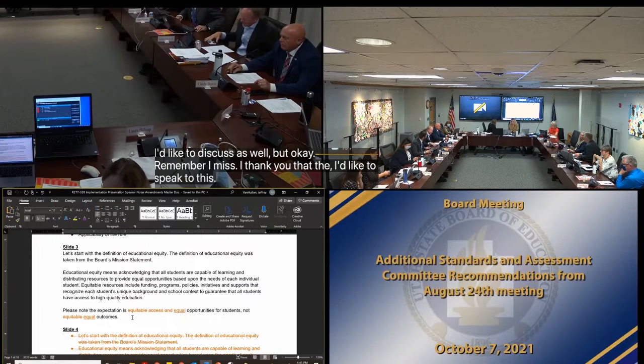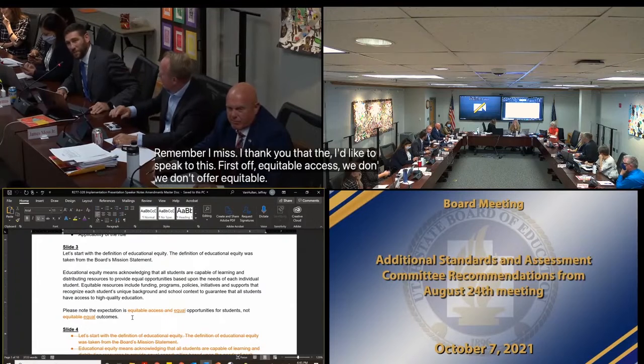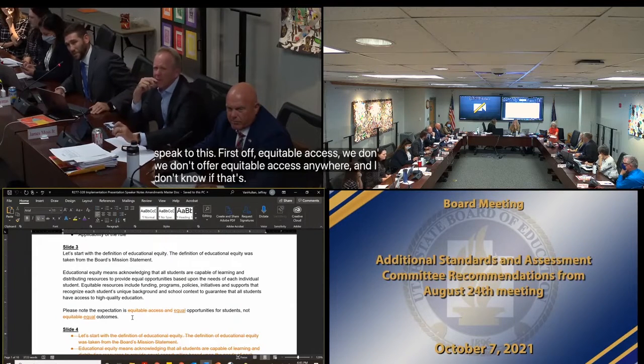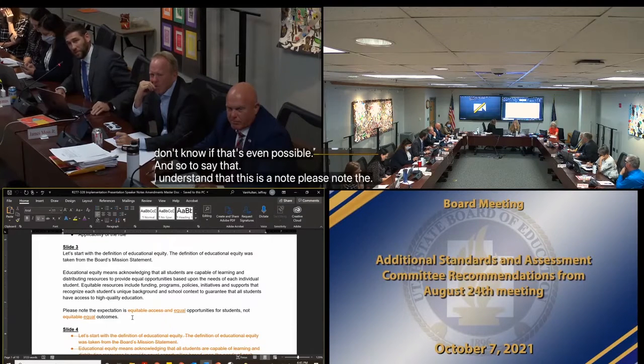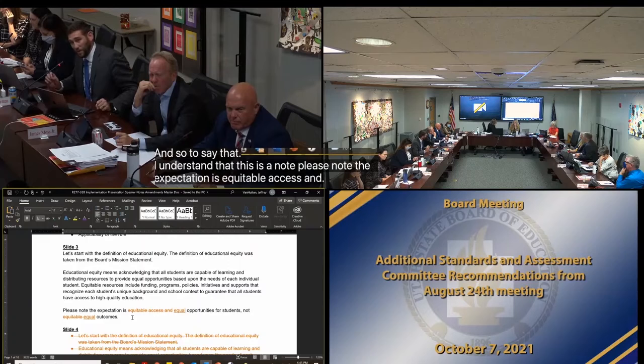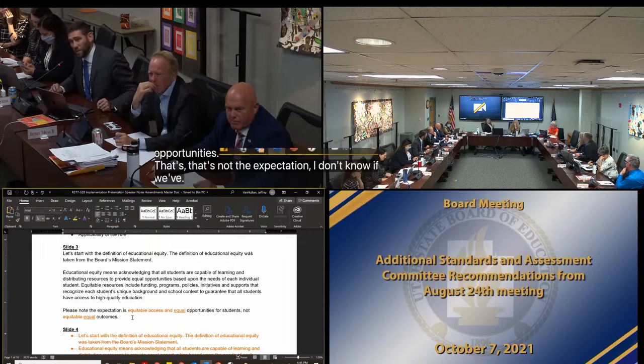First off, equitable access, we don't offer equitable access anywhere, and I don't know if that's even possible. And I understand that this is a note: please note the expectation is equitable access and equal opportunities. That's not the expectation. I don't know if we've ever discussed as a board equitable access.